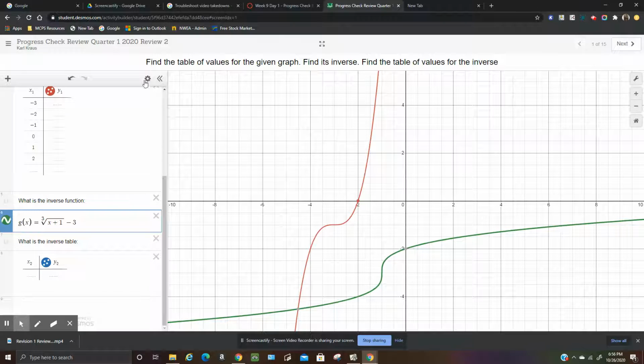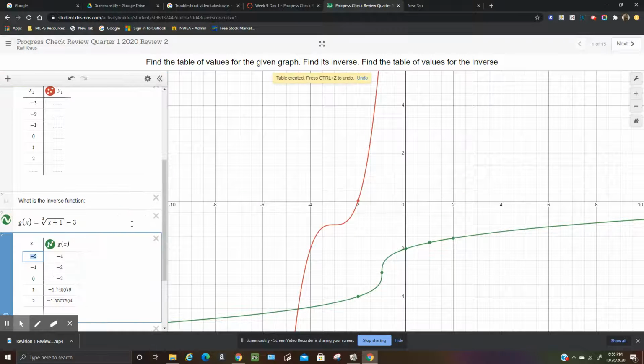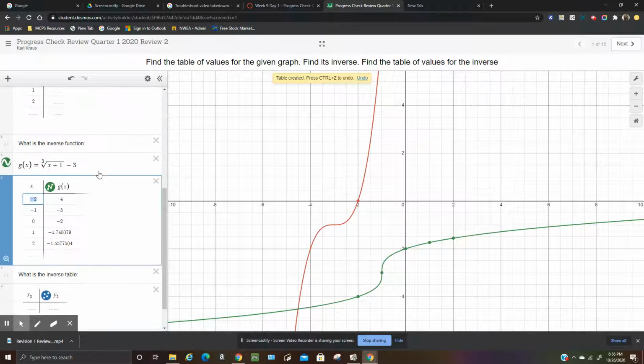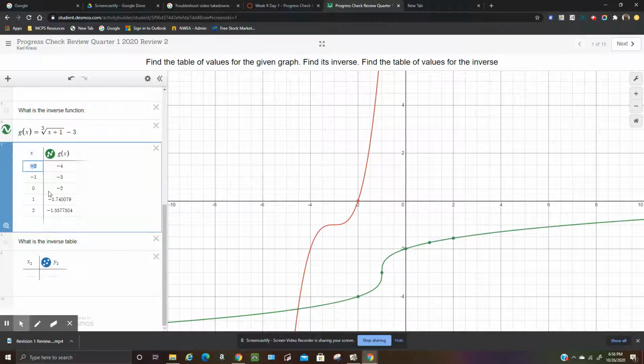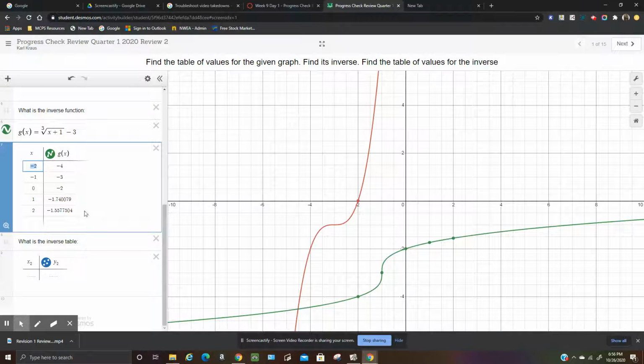And then to get the inverse table, once again, go to the gear, go to the function you just made, and you should be able to see -2, 0 down here is 0, -2, -1, 7 should be 7, 1 down here.